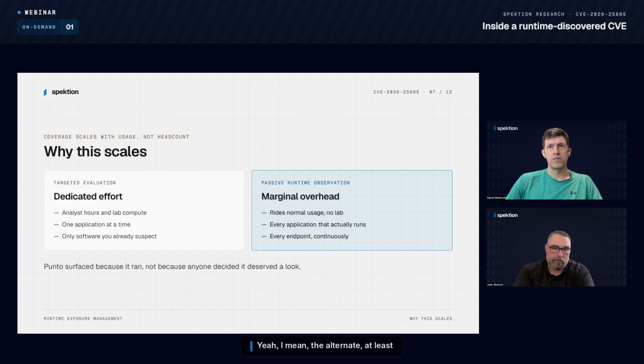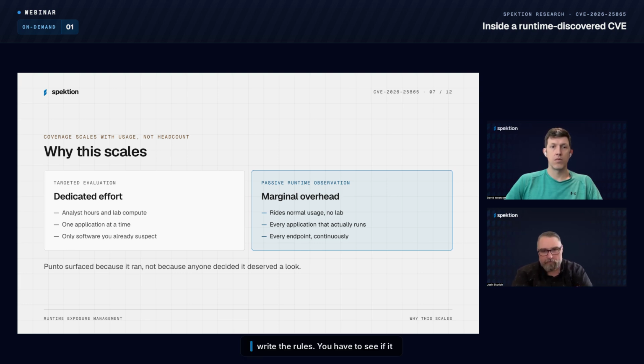Yeah, the alternative, at least historically, has always been that if you even have this level of insight, you'd have someone like myself, or I suppose in your role, on the team saying, hey, we want to dig into this one. So you need to effectively go in and reverse the binary or detonate it in some sort of sandbox.